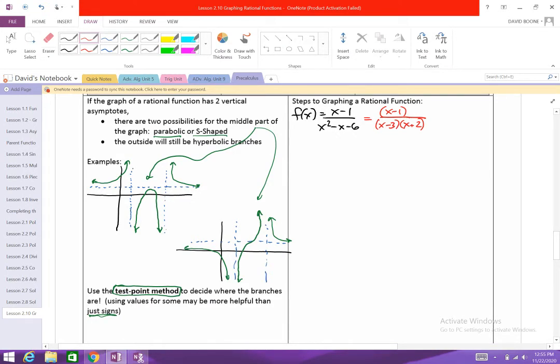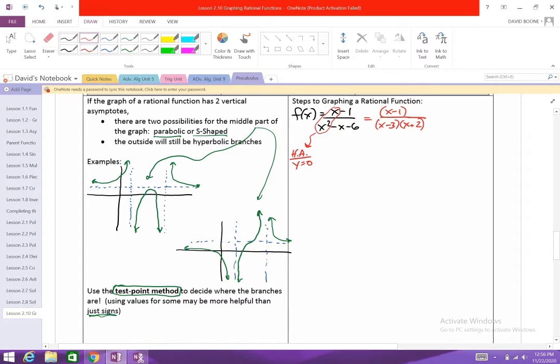So what I can do really quick here then is again look at our leading terms. And from that, I can see the denominator degree is larger than the numerator. So that tells me that I have a horizontal asymptote at y equals 0 because my denominator's degree is bigger than my numerator.